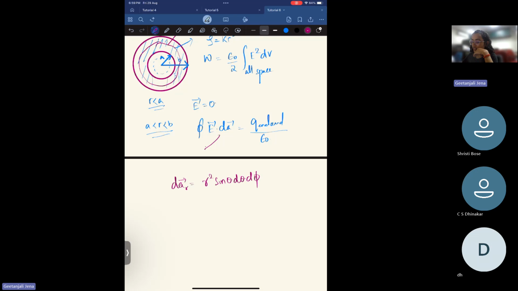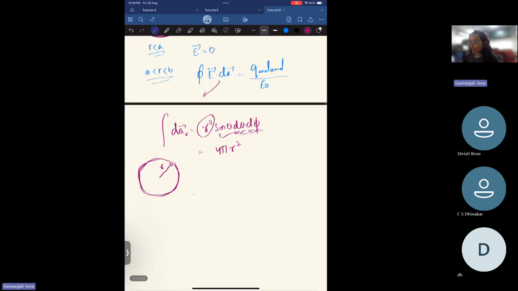So when we take the integration here, when we consider a spherical surface, this r square is constant. You don't need to integrate it, because the variables are d theta and d phi. You are looking at the surface, not the volume. So r square is constant here, and this will give 4 pi r square.